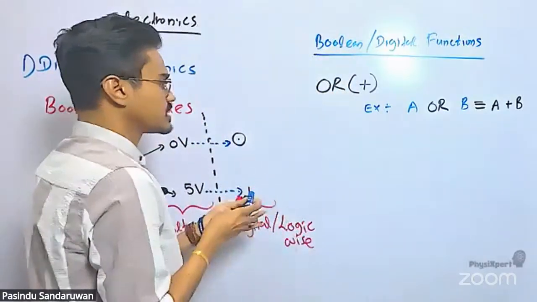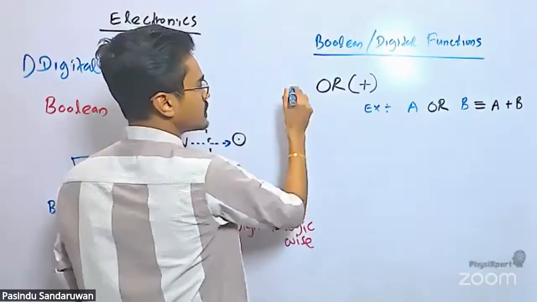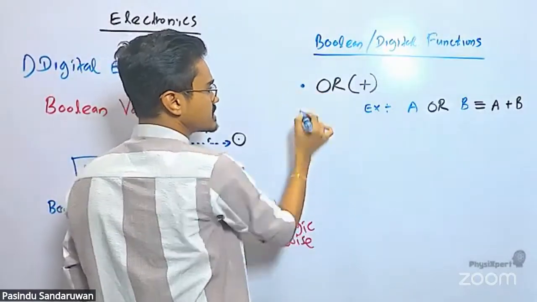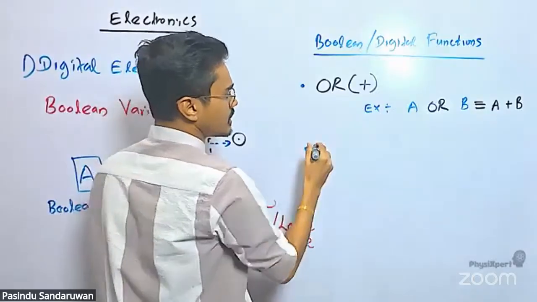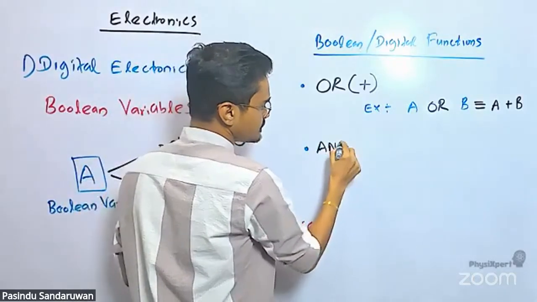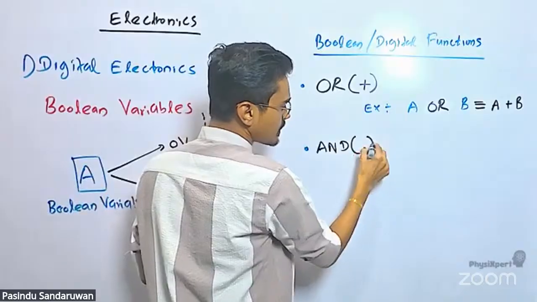And the second function, don't write, look here, these are the basics. The second function is AND. The literal meaning of AND is here. AND is denoted by a dot.